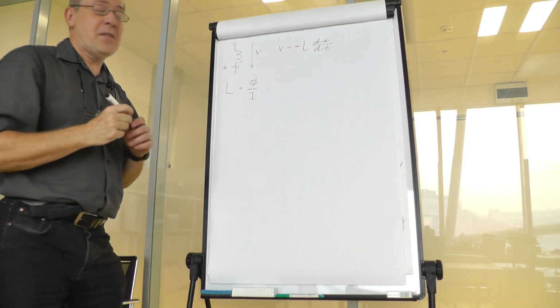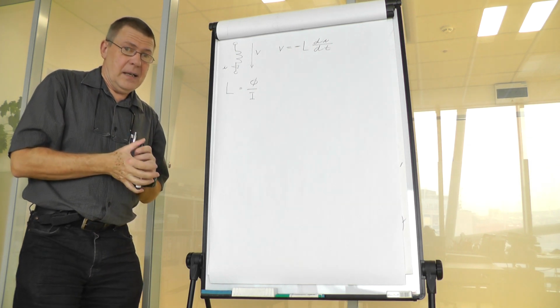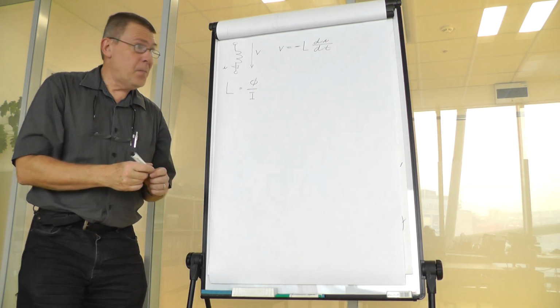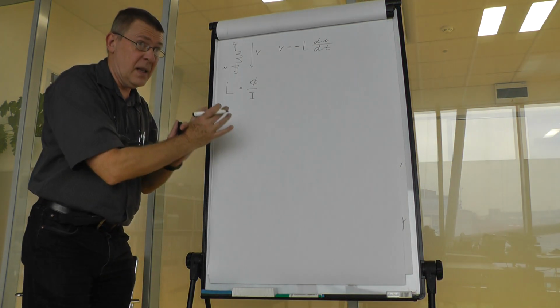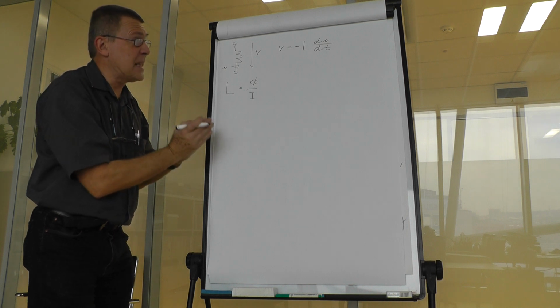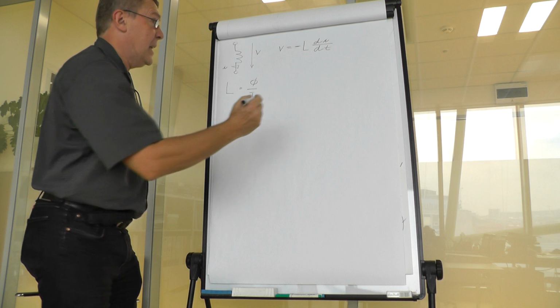And we have a third one, which is based on energy. I will, just for the sake of having everything at one place, put it down here, but we will discuss it a bit later.